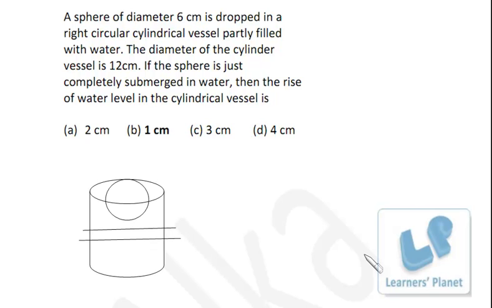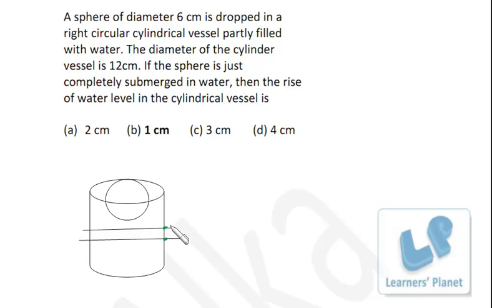Now it's a very simple concept. Initially maybe this cylinder is filled up till this level. See, in exams you don't have to draw the diagram, I'm just doing it for your clarity. Initially suppose it is filled till here, and because of this sphere, the level of water is up to here only, right?